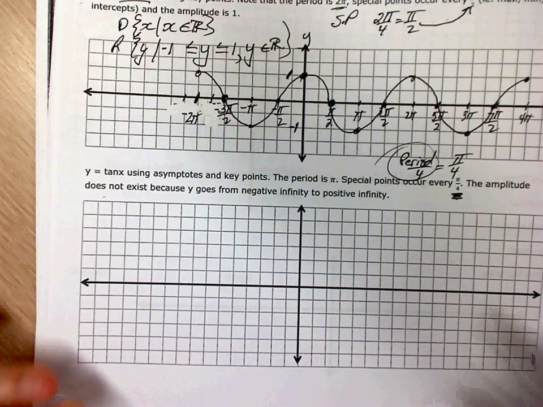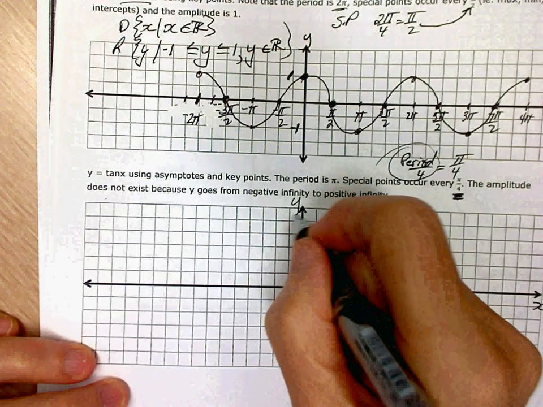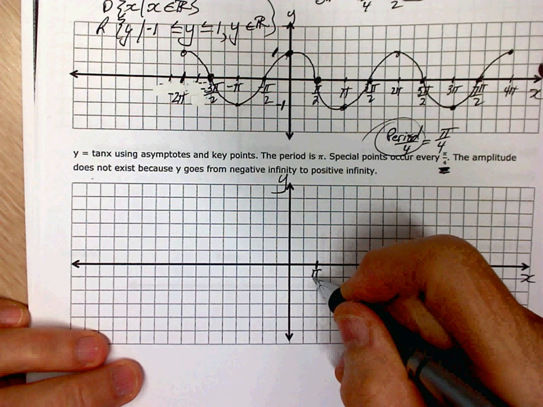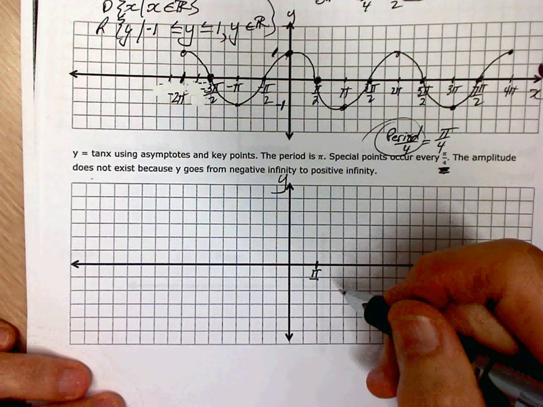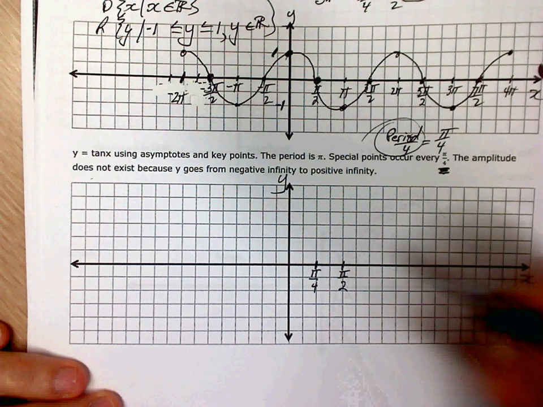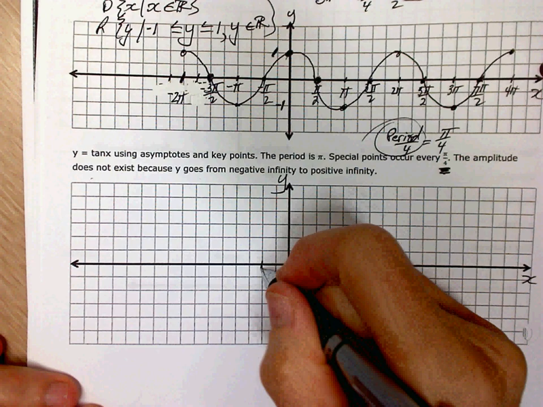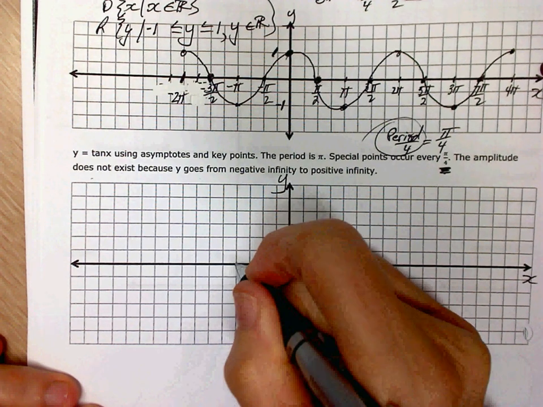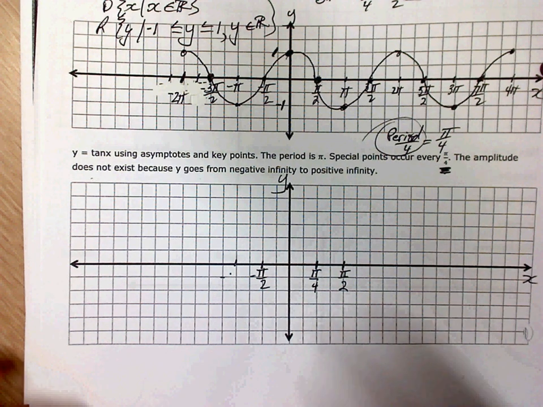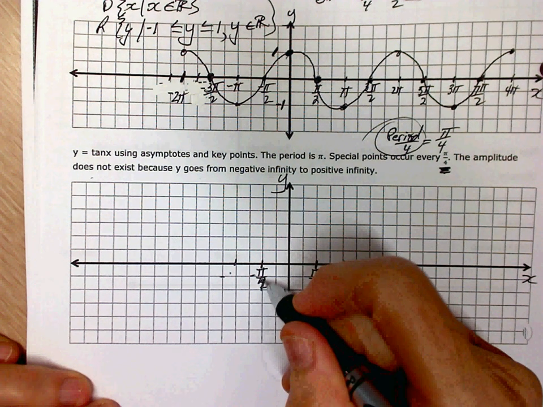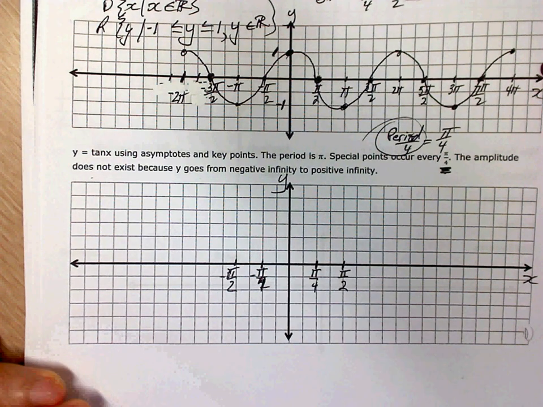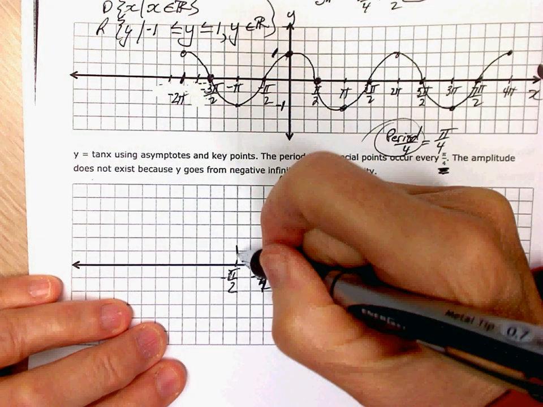So let's do our x here. Let's do our y. The special points and asymptotes together, our special characteristics, occur every pi by 4 because the period is now pi. That should be a 4 right there, I'll just write over it. Okay, so we have an asymptote at negative pi by 2.